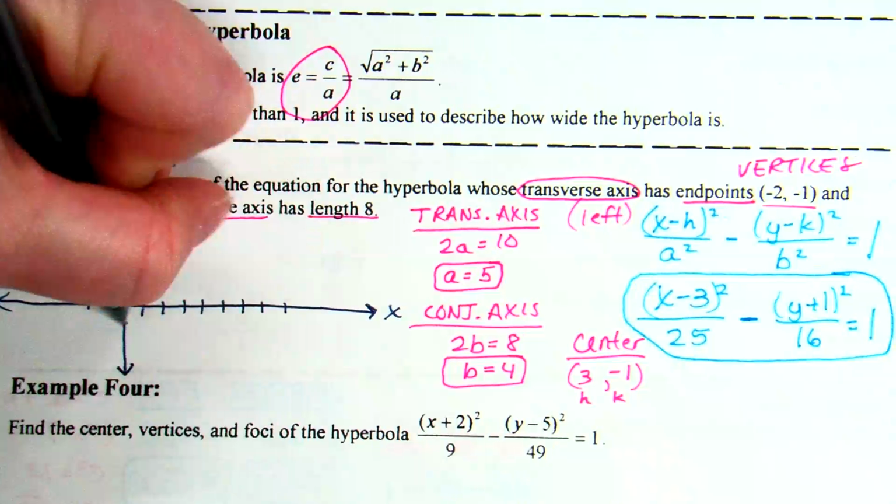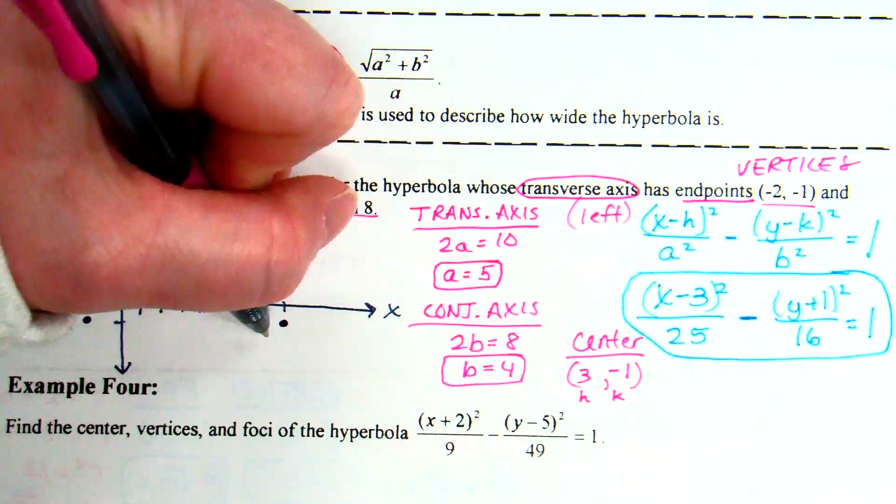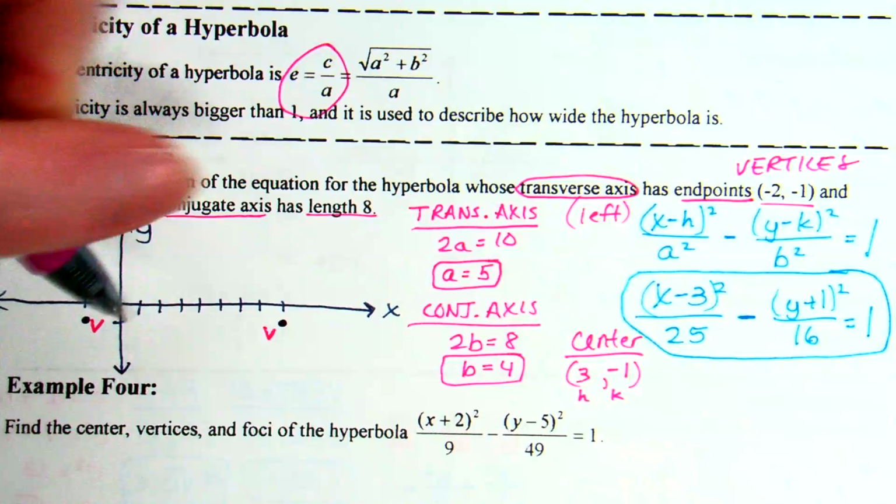Okay, so we had points at (8, -1) and (-2, -1), and those were my vertices. Yes?